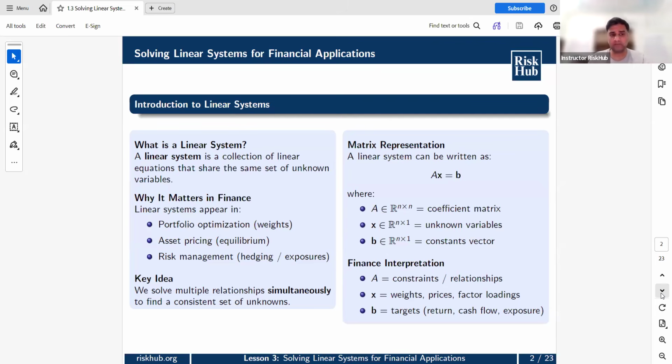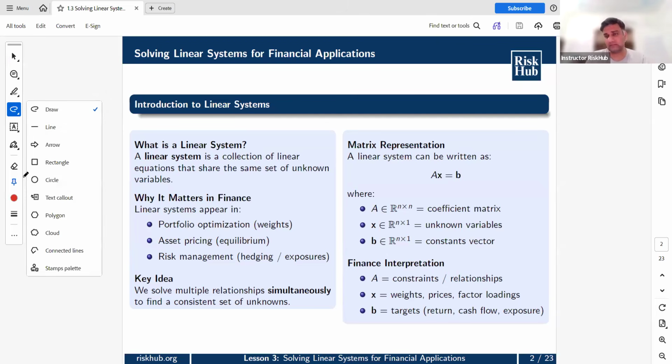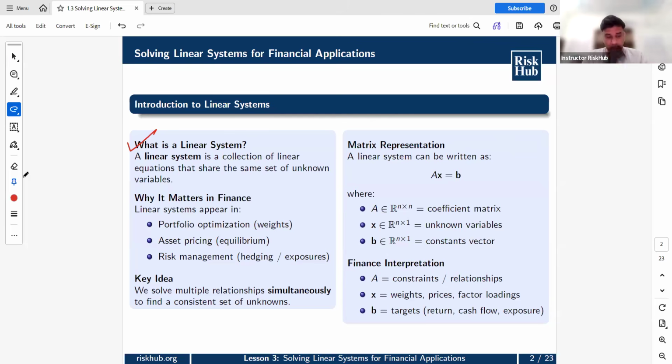First of all, let's try to understand what exactly is a linear system. I'm pretty sure you already know it, but just reiterating: a linear system is a collection of equations sharing unknown variables. Mathematically, you are trying to find values of variables that satisfy all equations simultaneously.